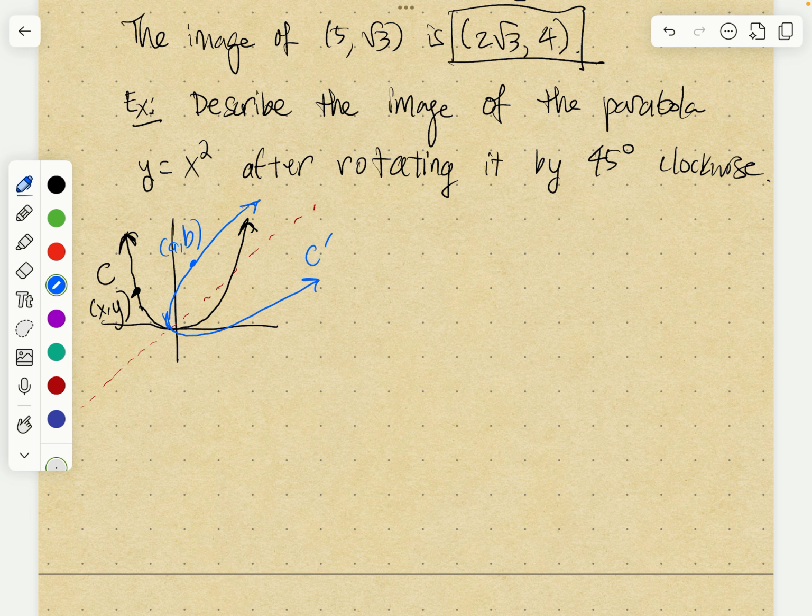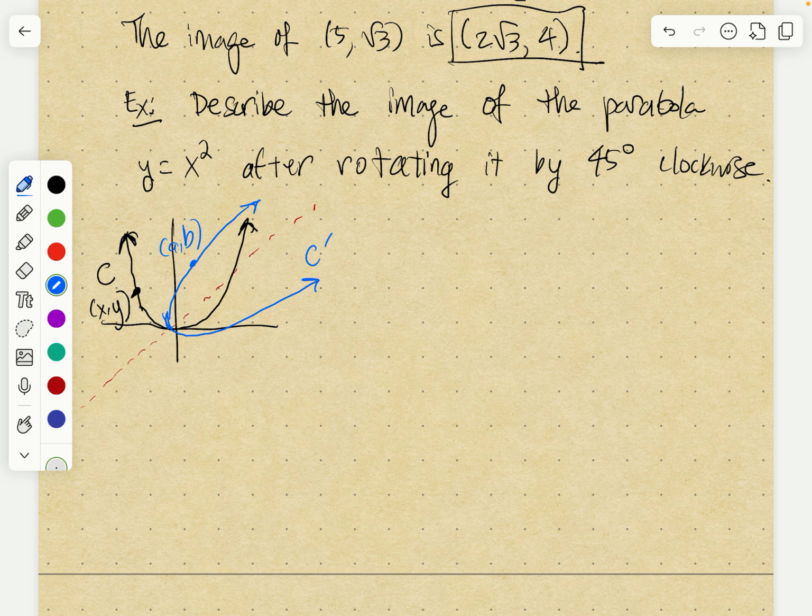And you want to find some relationship between a and b. Well, we know how x and y are related, right? Because if you have a point xy on the parabola y equals x squared, then y is equal to x squared. That's the connection. So we somehow want to use that connection to figure out some connection between a and b.